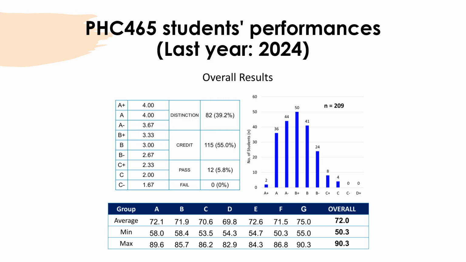This is very good news because we did not have any failed students last year. The average mark is 72, with the lowest being 50.3. That was a good performance, I think. I hope everyone this year will pass with flying colors like the 2024 batch.